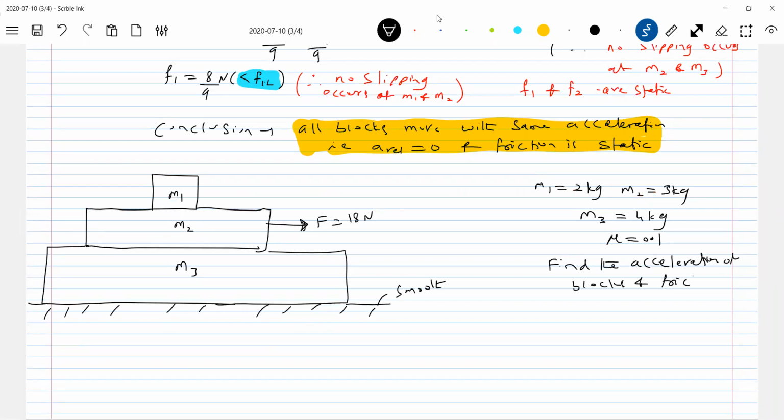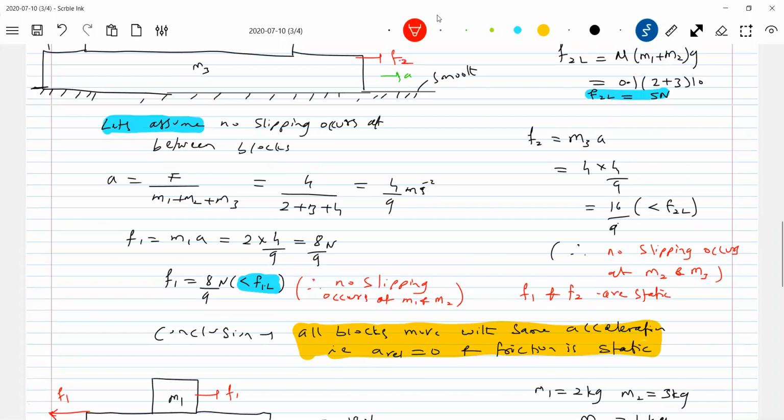As usual, again the friction will be like this: F2, F2, this F1. What are the limiting values of friction? The same data: F1L 2 Newton, F2L 5 Newton.